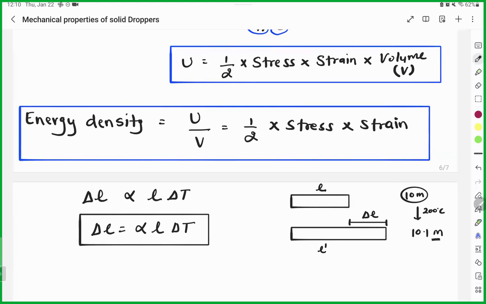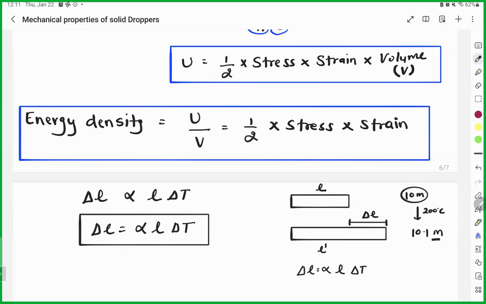Jordan, tell me what are the factors that will decide this increase in the length, delta L? The material, alpha, temperature, and the original length, because you are not applying any force, you are increasing the volume.